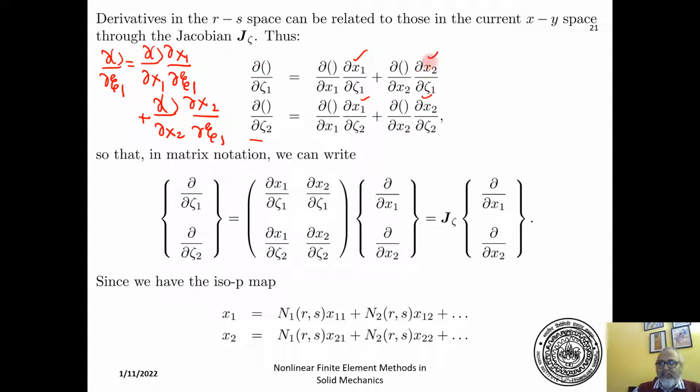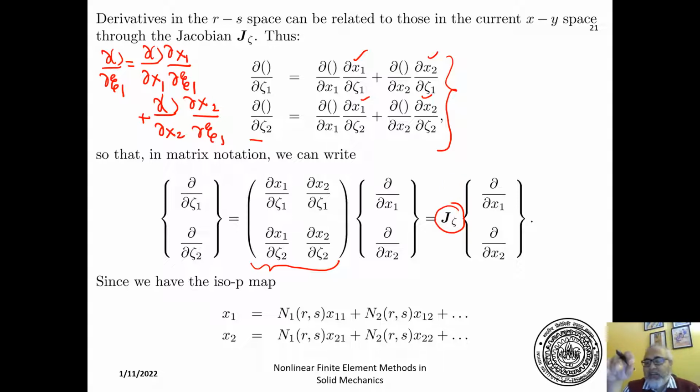So I can write this chain rule to connect the del zeta 1 and del zeta 2 of a quantity, gradients in the parent space, to gradients in the physical space through this matrix, which is called the Jacobian. And for reasons that will become clearer, we will denote this Jacobian by J zeta, and this zeta indicates that it's a Jacobian for the isoparametric formulation.